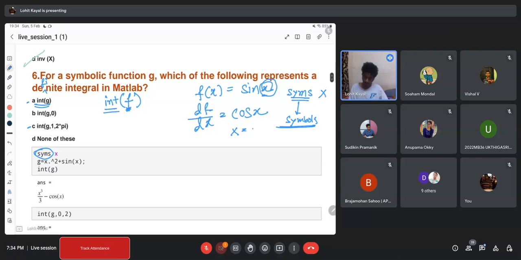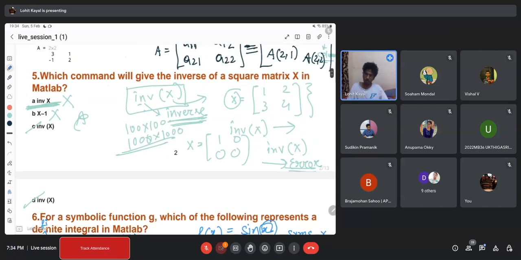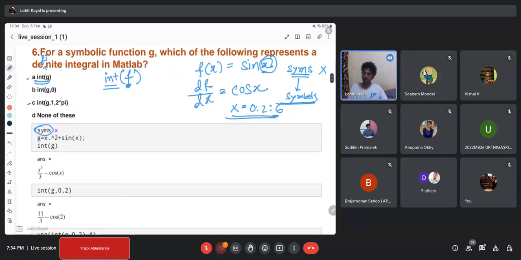It may be something like a vector, as we have already talked about, either a numerical value or a symbolic value. You have to mention everything to MATLAB, and only then will it be able to work. If you just write x and g equal to x squared plus sin x, it will give you an error. You cannot do it that way in MATLAB. You have to specify that it is a symbolic variable, or a number, or a vector or array.